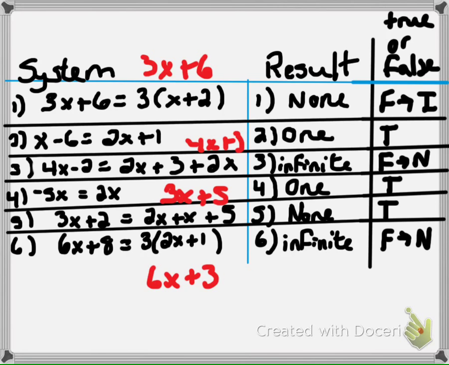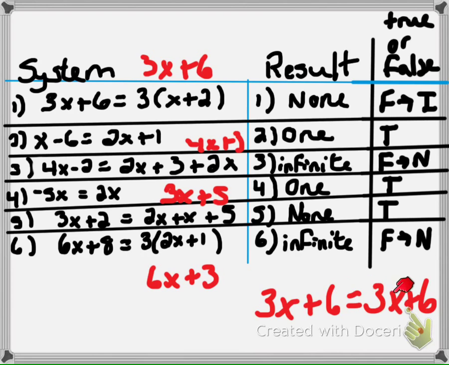And I want to ask you to not take the lazy way out. So in other words, please don't write 3x plus 6 equals 3x plus 6 for infinite solutions.